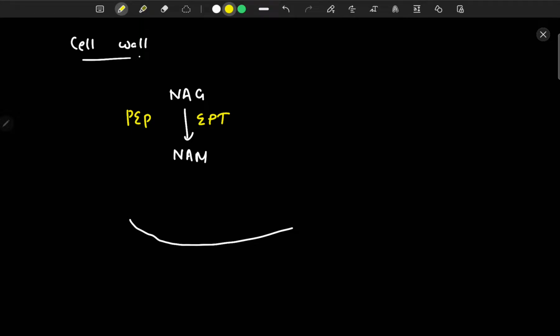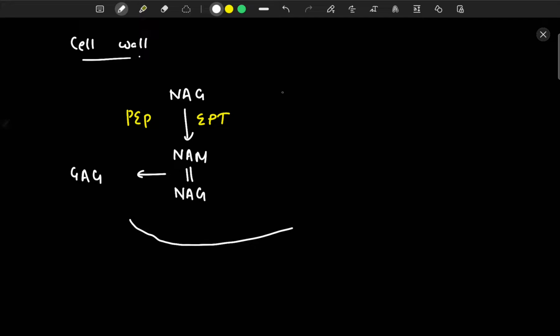So N-acetyl muramic acid is formed here. This N-acetyl muramic acid as well as N-acetyl glucosamine gets incorporated. So this complex is called the glycosaminoglycan complex. So the glycan part is synthesized.